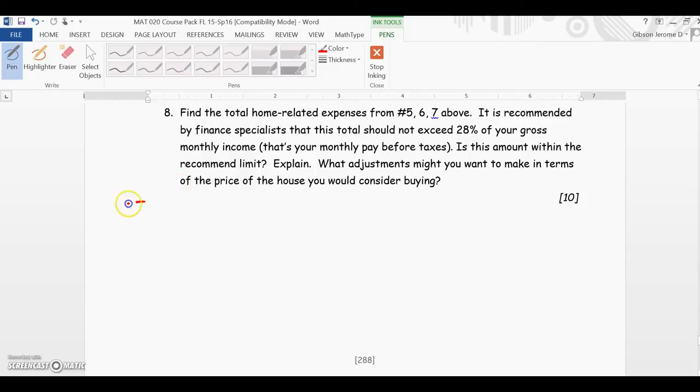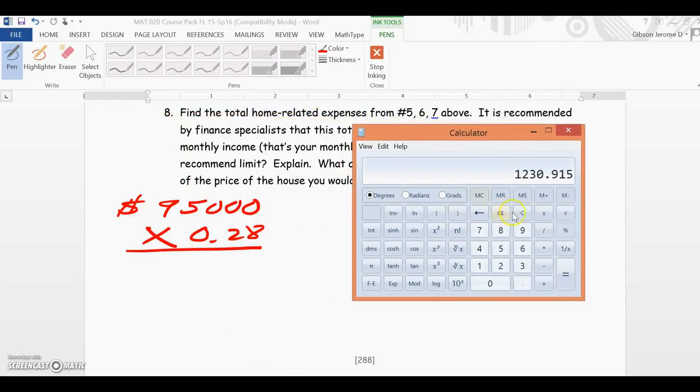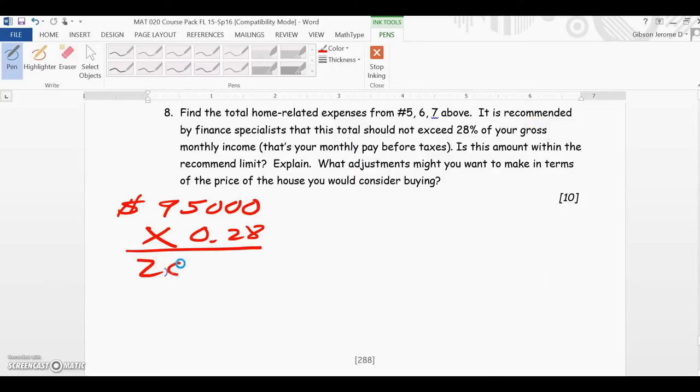So let's take your gross salary, which is $95,000, and we will multiply it by 0.28. So we would take our calculator, and we would take 95,000 times 0.28, and that would give us $26,600.